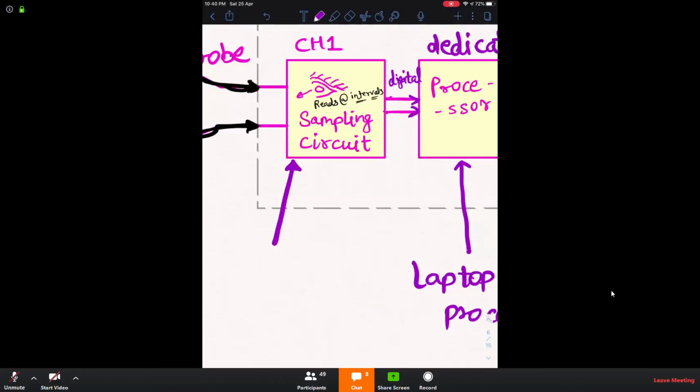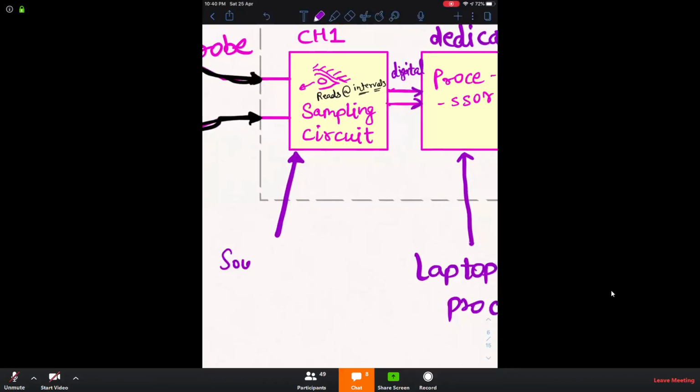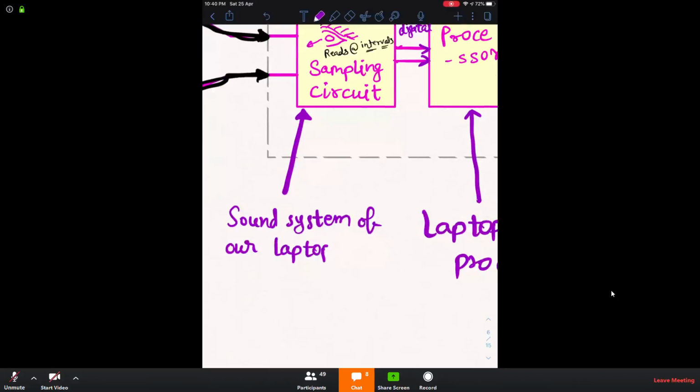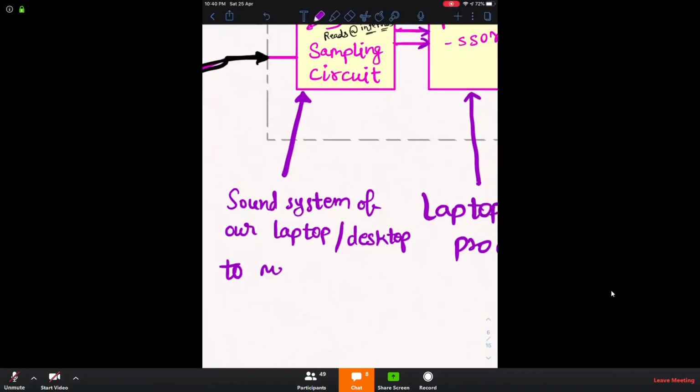So yes, we will use our sound card. We will use the sound system of our laptop/desktop to make the sampling circuit.